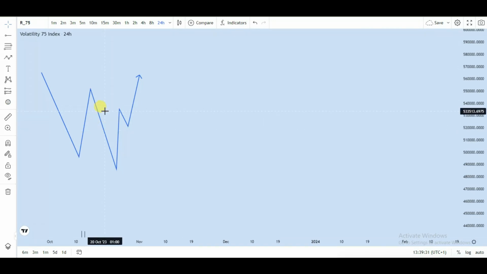As it has taken internal liquidity, it may go down, but it is engineering more liquidity. Price would obviously move towards a direction where, for instance, it may come down into an order block or a breaker, then reverse into an external liquidity again.